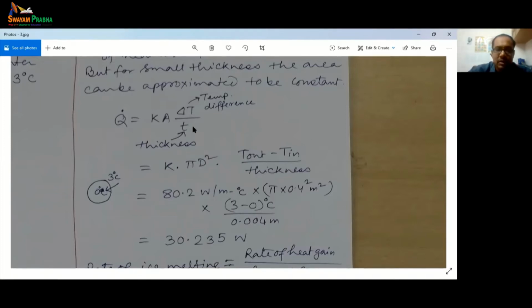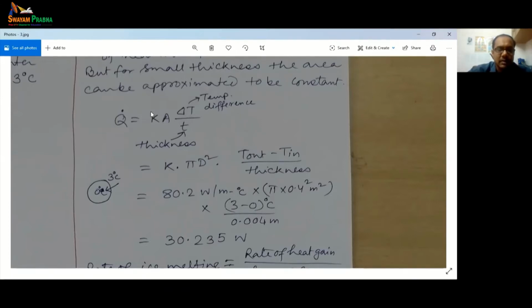This small t is not time but the thickness of the spherical ball. Okay, so this is the phenomenological equation of the rate of heat transfer.